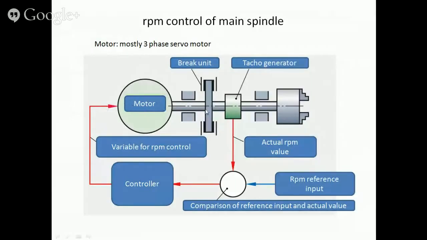We have got a closed loop control. Concept Turn 250 in our lab is equipped with a 3.7 kilowatt motor with an infinitely variable speed range from 50 to 6,300 RPM.